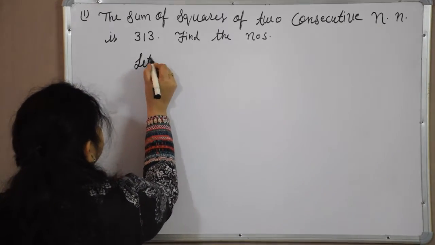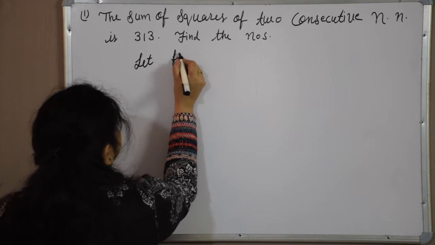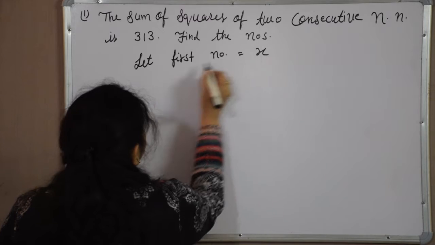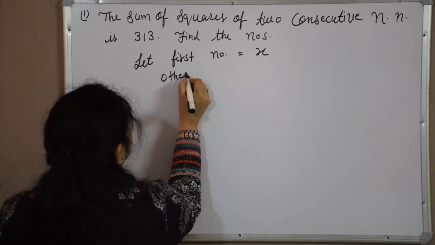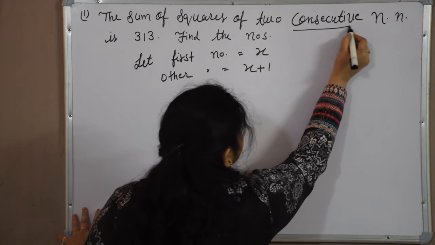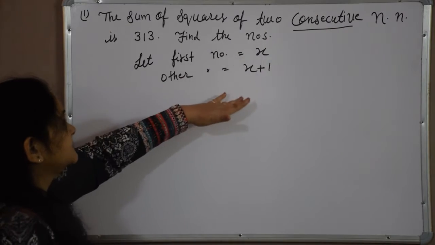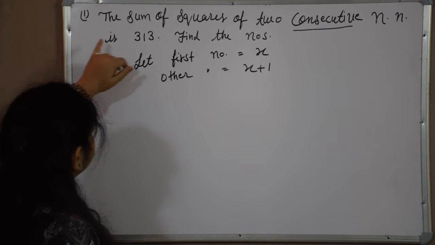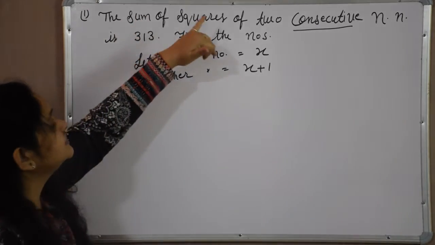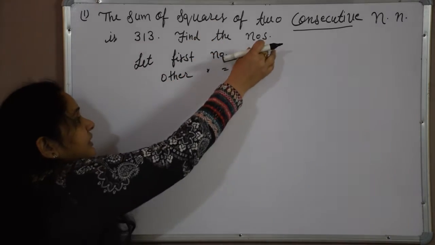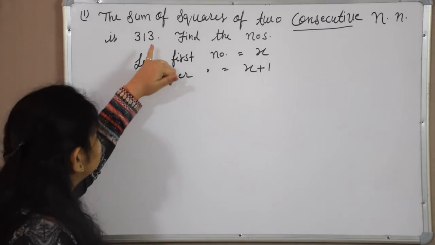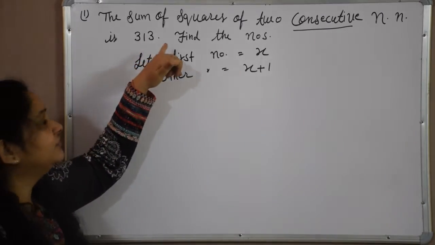How can we suppose x? Let the first number be x, then the other number should be x plus 1, because they are consecutive natural numbers. The condition given to us is the sum of squares, which means we have to take the square of both the numbers and then add them, and it is given equal to 313.